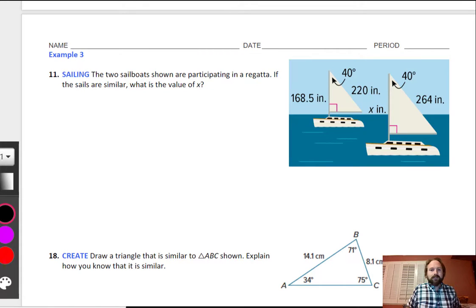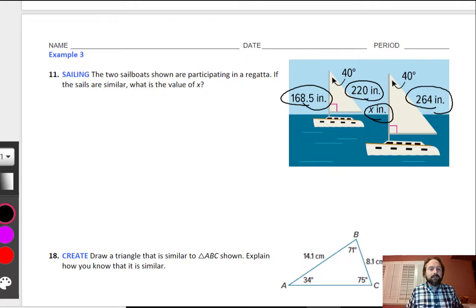They're saying these are similar, so I don't need to prove they're similar. I know it's going to be 264 over 220, and then x over this. So we just have to do the work.